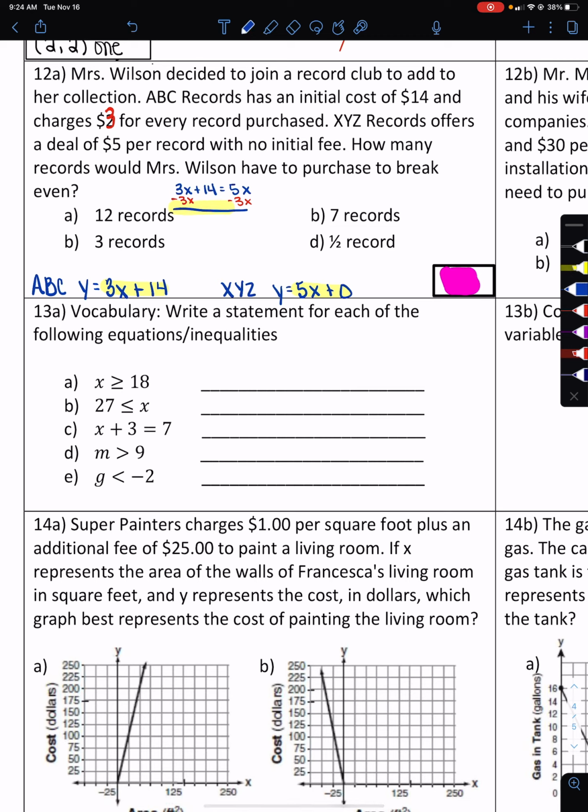Okay, so I will have 14 is equal to 2x. Divide both sides by 2, and we get x equals 7. So once she purchases 7 records from either store, she will have spent the same amount of money. Okay? All right, go ahead and try 12B, please.